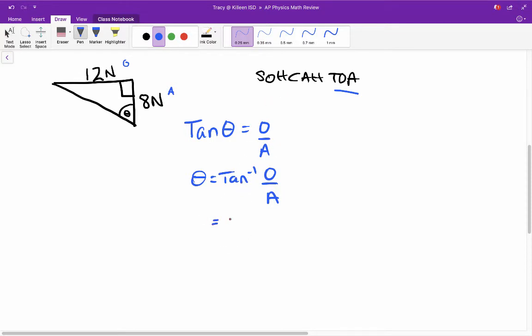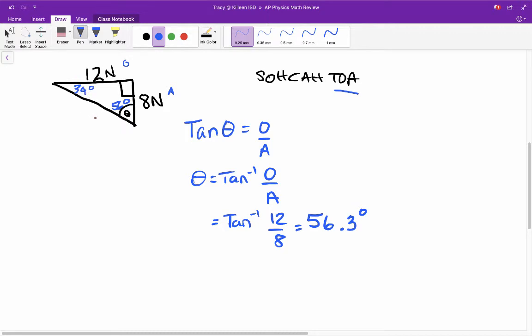So my theta is going to be the arctan of opposite over adjacent, so 12 over 8, which is 56.3 degrees, or 56 degrees. So this is a 56-degree angle right here. And now that I know my angle, I can easily find the other angle. So 56 to 90 is going to be 34. So that one's 34 degrees.